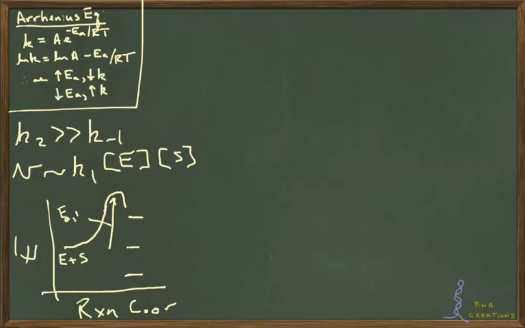Because it's under conditions where the substrate concentration is low relative to the Km, most of the enzyme is not going to be bound with substrate. So we're not going to have this situation here, where ES is low in energy. That would only happen when we have tons of substrate, so that most of the enzyme is lower in free energy than the free enzyme. We said that's not the condition, so we don't want to do that.